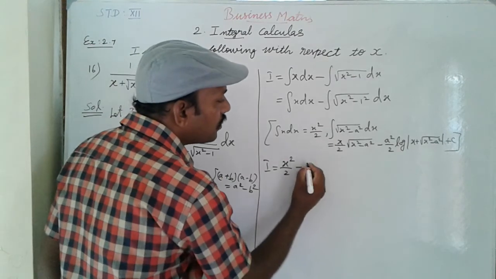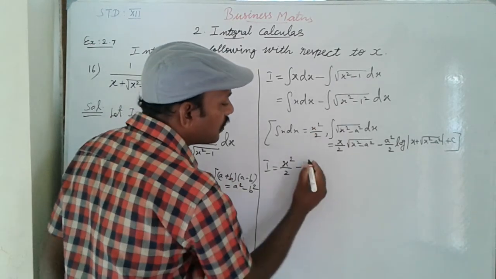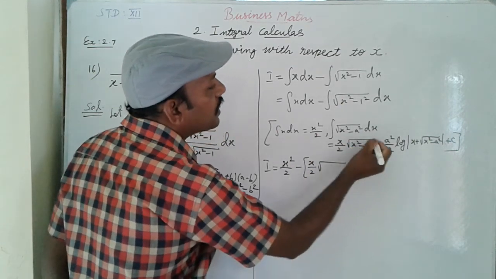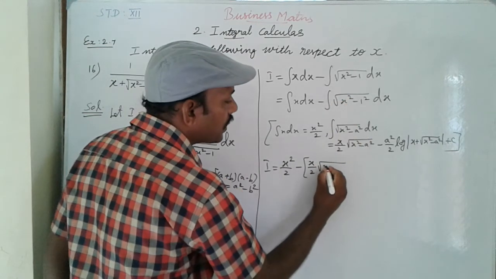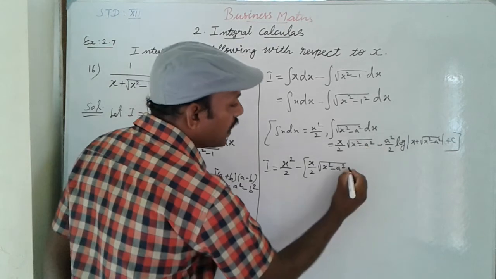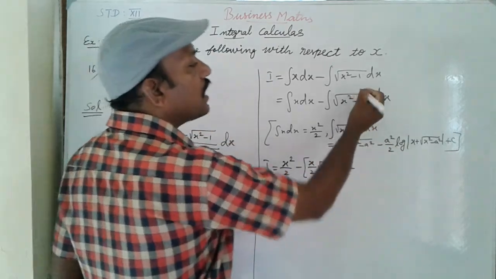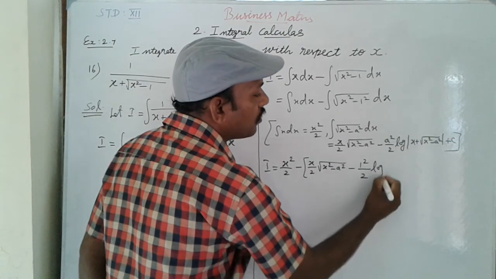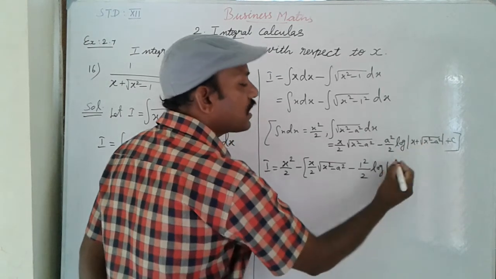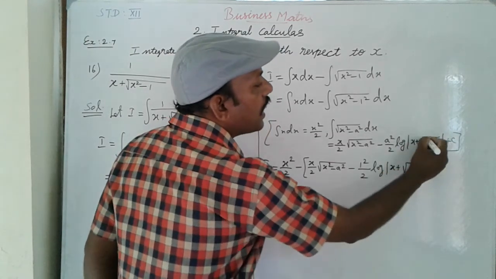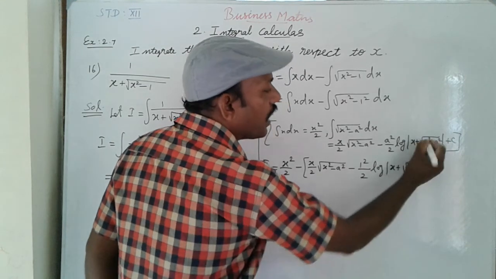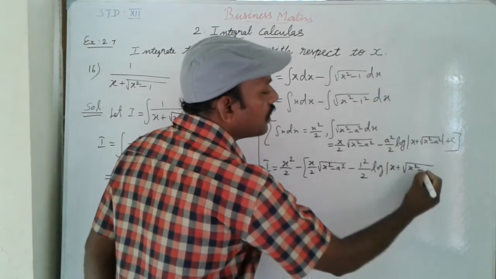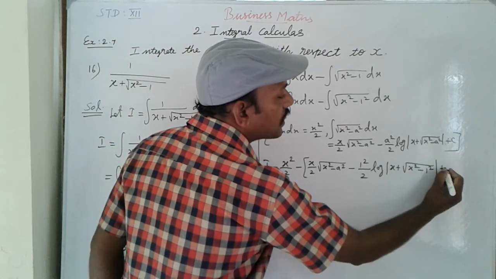Substitute: x by 2 root of x square minus a square, minus a square, a is 1, so 1 square, divided by 2, log modulus x plus root of x square minus a square, x square minus 1 square, plus c.